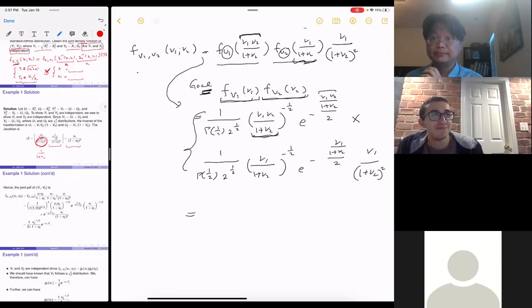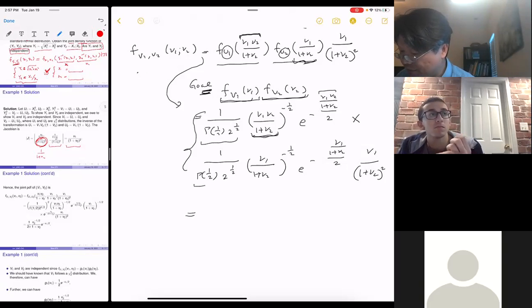How to show that? You pull your V1 together as much as possible. Okay, that means where's my V1? Right here. These are constants. These are constants. There's some V1, V2. It's actually important. You could write C right here for the constant. Then you are going to catch those V1s.